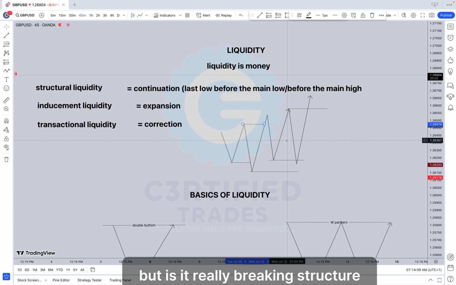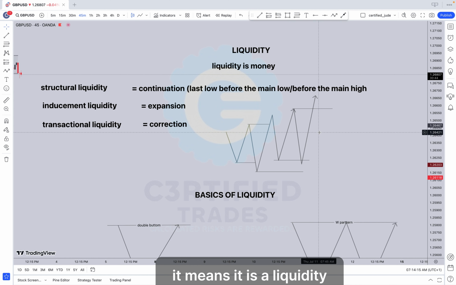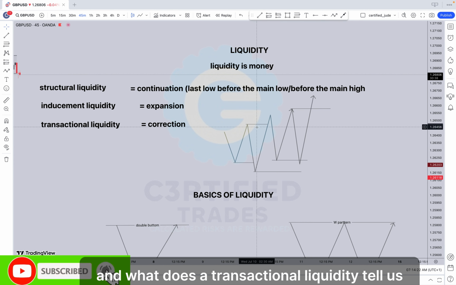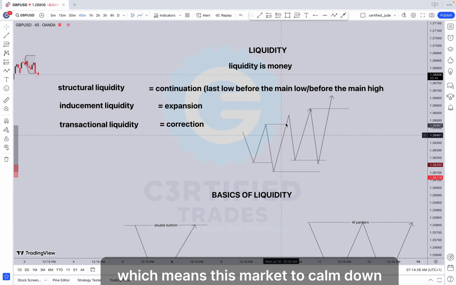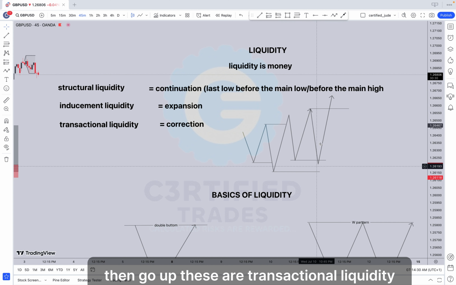All right, but is it really breaking structure? Yes, it is breaking structure, but what does it really mean? It means it is a liquidity. Now this is a transactional liquidity, and what does a transactional liquidity tell us? It is used for correction, which means this market will come down, then go up.